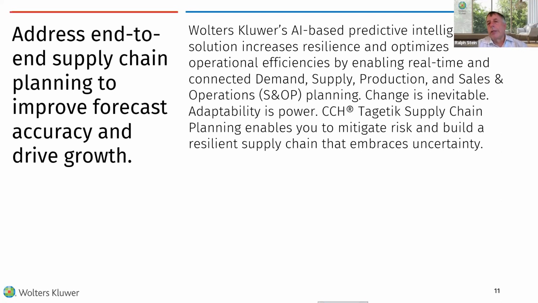We're able to connect to numerous different systems. We're not one system. It can be SAP, Oracle, Microsoft, JD Edwards or any of the others, to get the source data from. We are able to do demand and supply planning and production planning, and we can link it into our planning and forecasting, because Wolters Kluwer CCH Tagetik is not only a company that sells supply chain software.